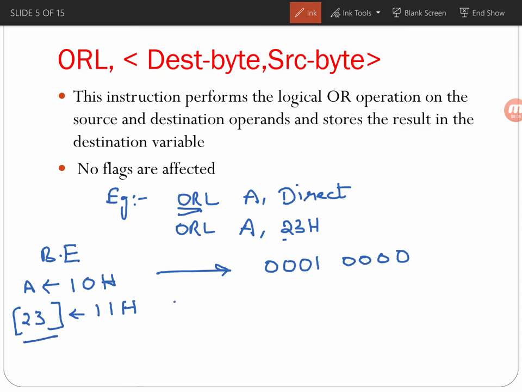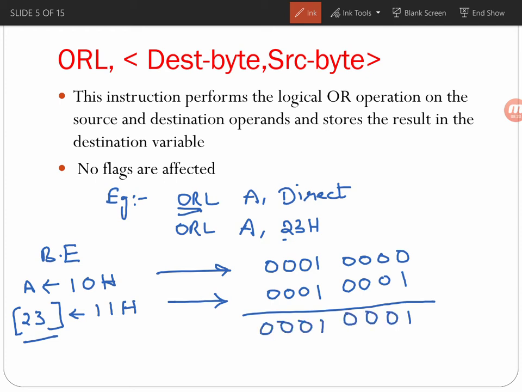The content of the 23 memory location is 11. For an OR gate, if any one of the inputs is 1, the output is 1. So the result is 11, and it is saved in the accumulator register. This is how the OR operation is done.